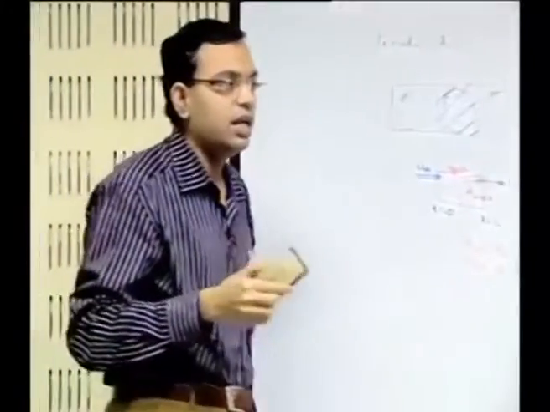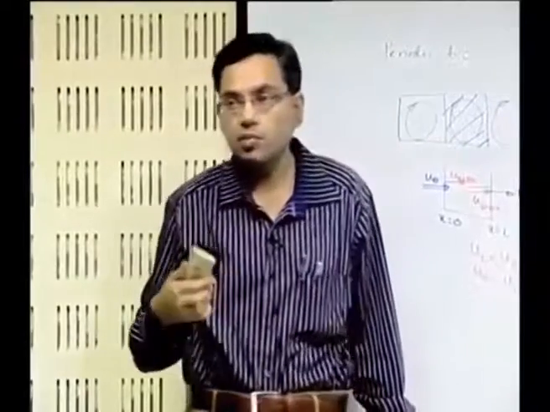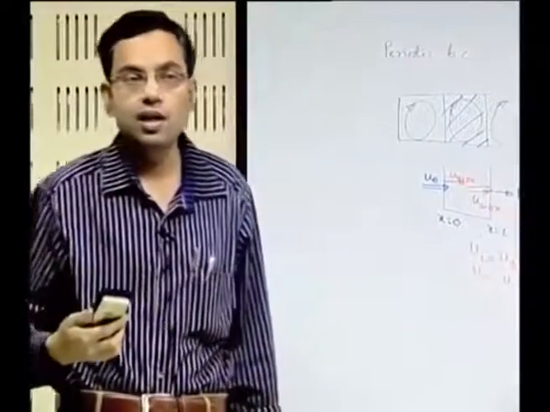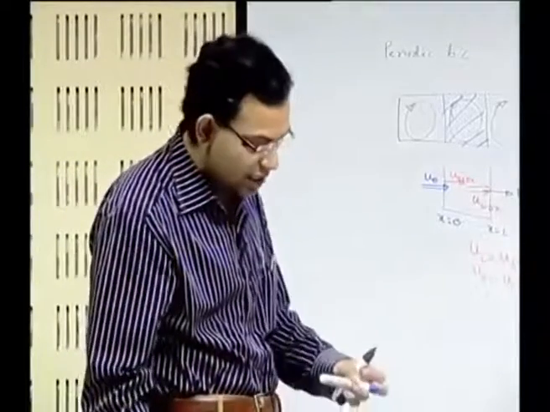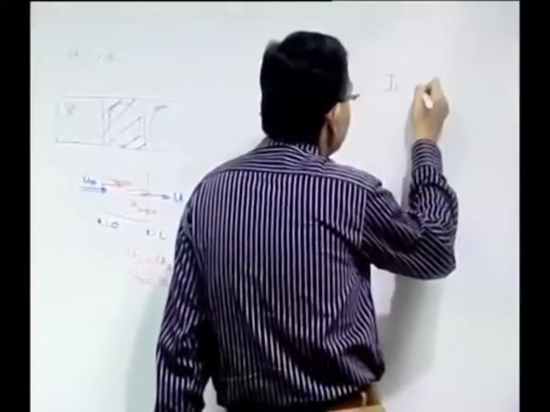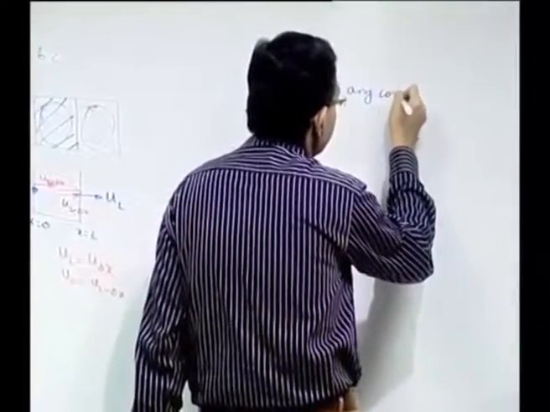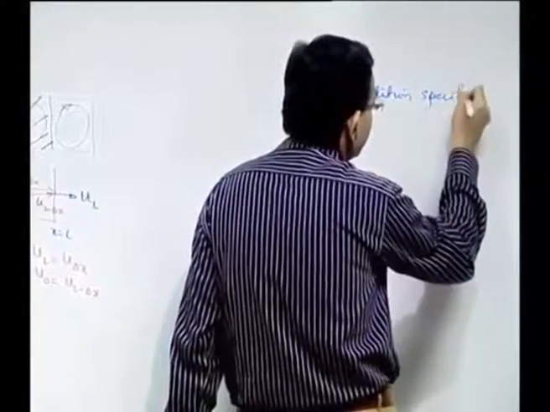Boundary condition of course is a collection of two English words, so sometimes it is a misnomer, because you feel that any condition you specify at the boundary could be a boundary condition. So let us try to answer this question.